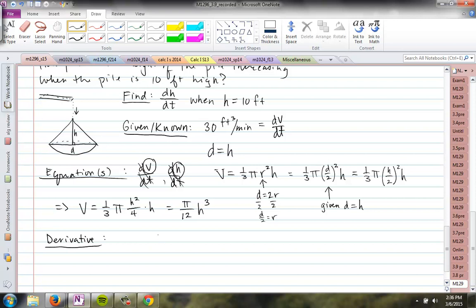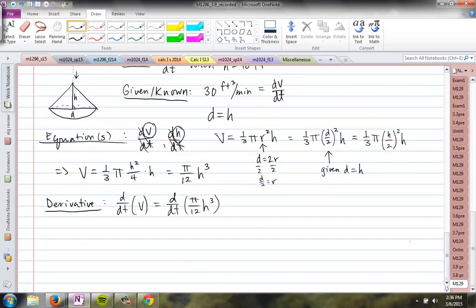So we want the rates, so that means that we need the derivative with respect to time. You don't have to write this stuff if you don't want to, but I always write it in for you guys so that you actually see that it's not the original equation that I'm handling here and writing down, like with algebra or something. I'm taking the derivative now, that's what I'm doing.